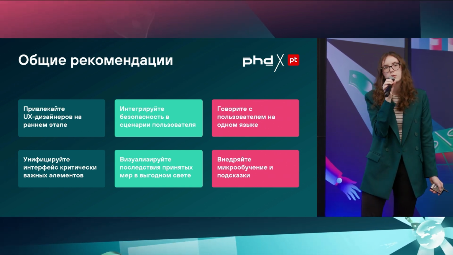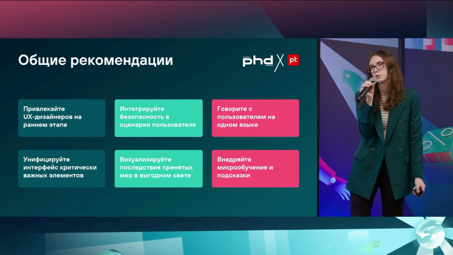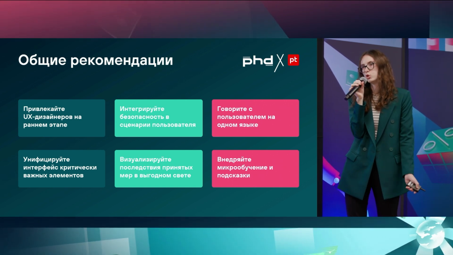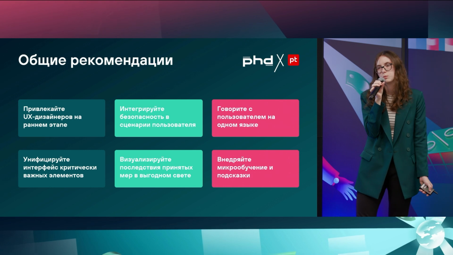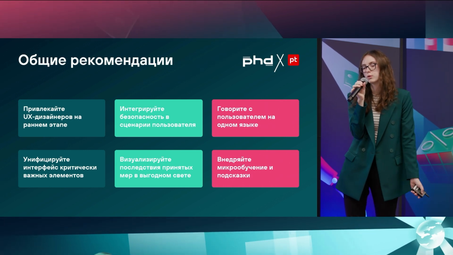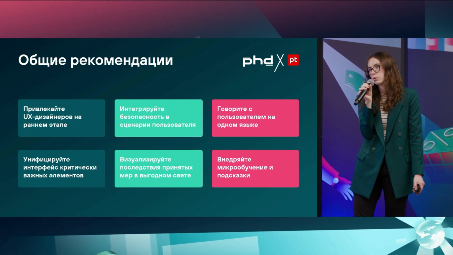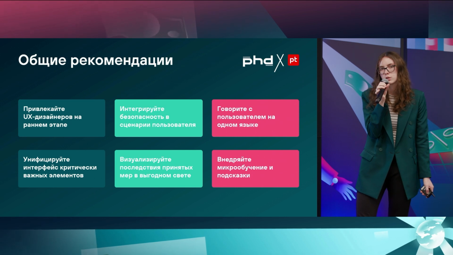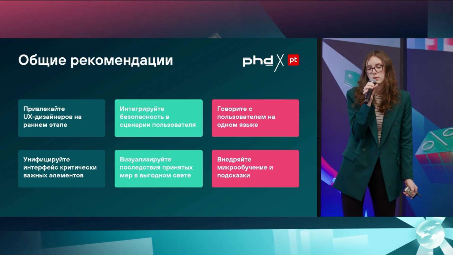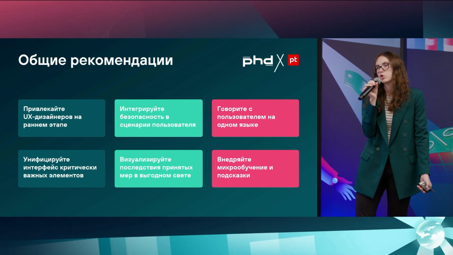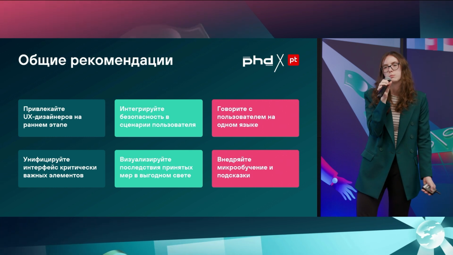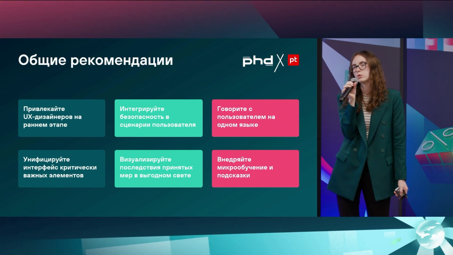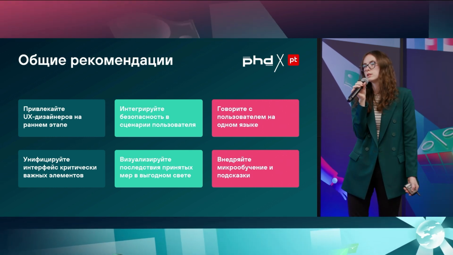Another important advice is to minimize the consequences of decisions made, of the choices. If you ask a user to allow something, to turn on something, you should explain to them why that is needed, what's in it for them. And in B2B, there's an additional aspect to it.